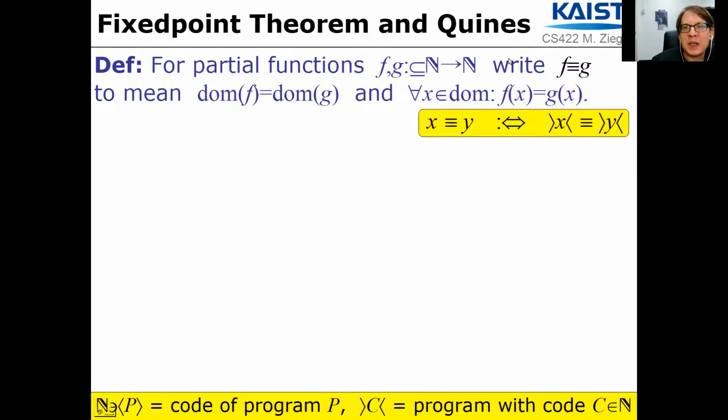It means this is a program whose code is the natural number x. This is a program whose code is the natural number y. And these two programs are supposed to be equivalent, computing the same partial function in this sense, although the natural numbers themselves, x and y, may be different.